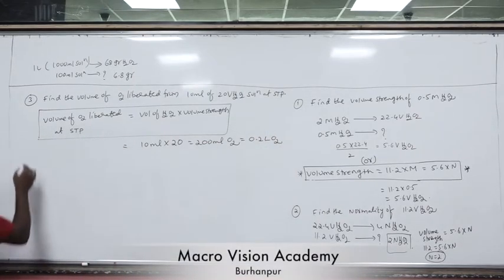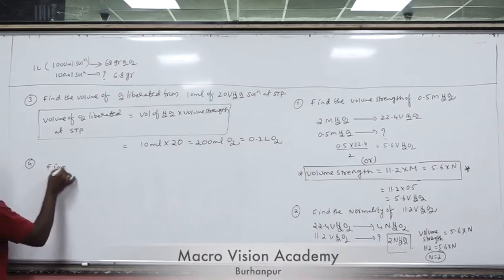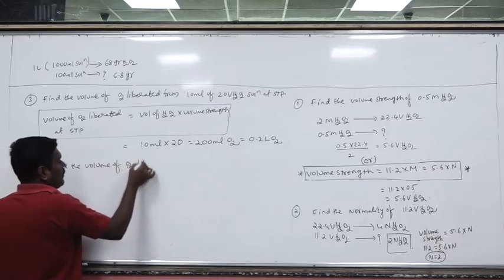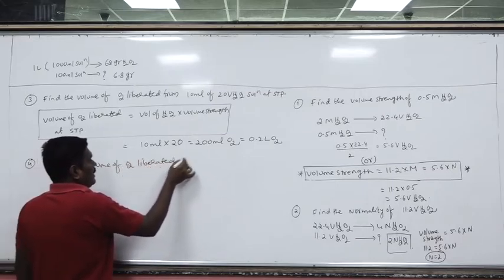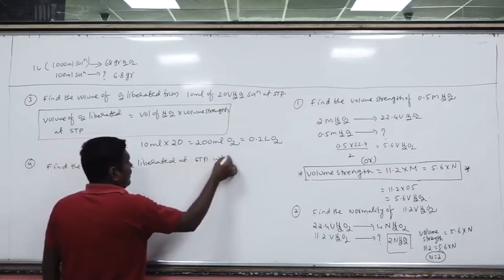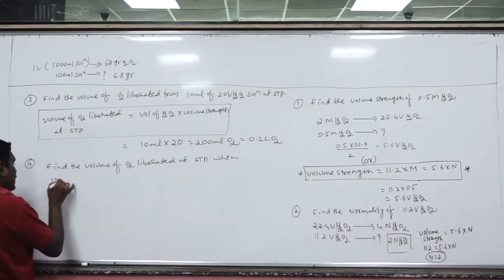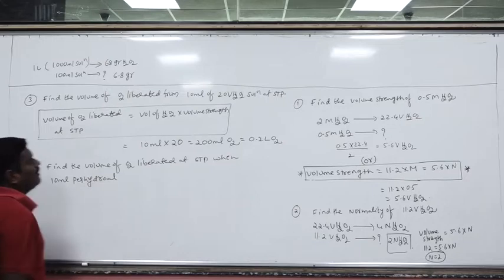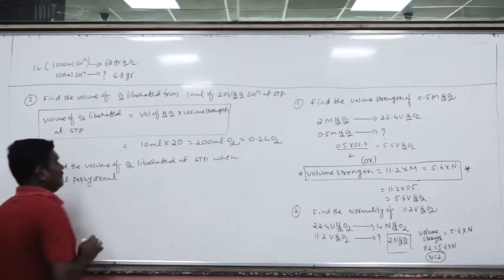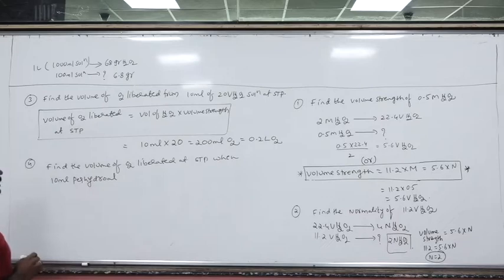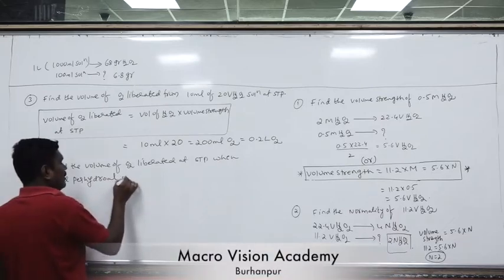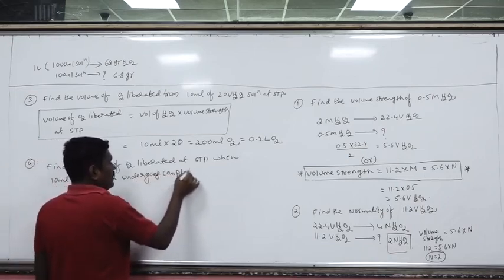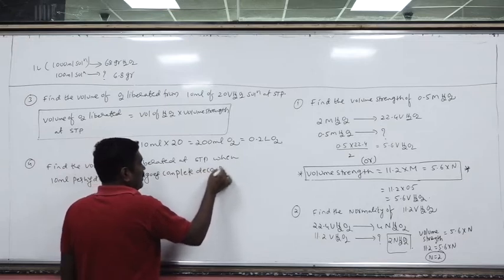Okay. Now, find the volume of O2 liberated at STP when 10 ml perhydrol undergoes complete decomposition.